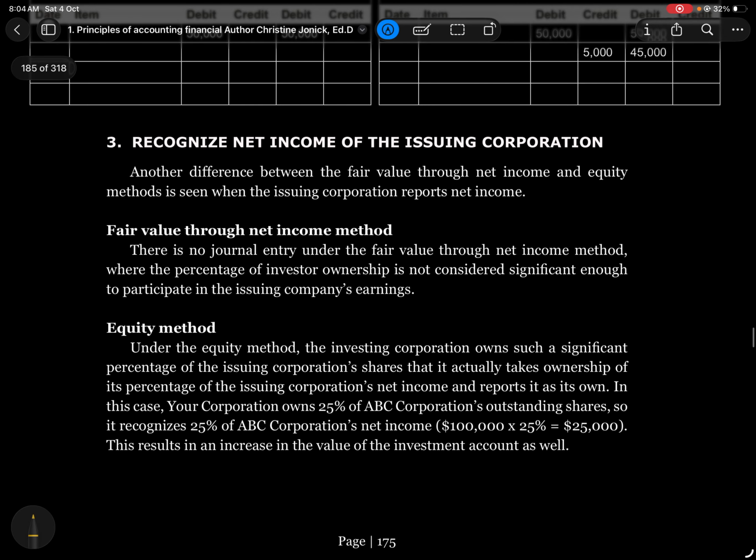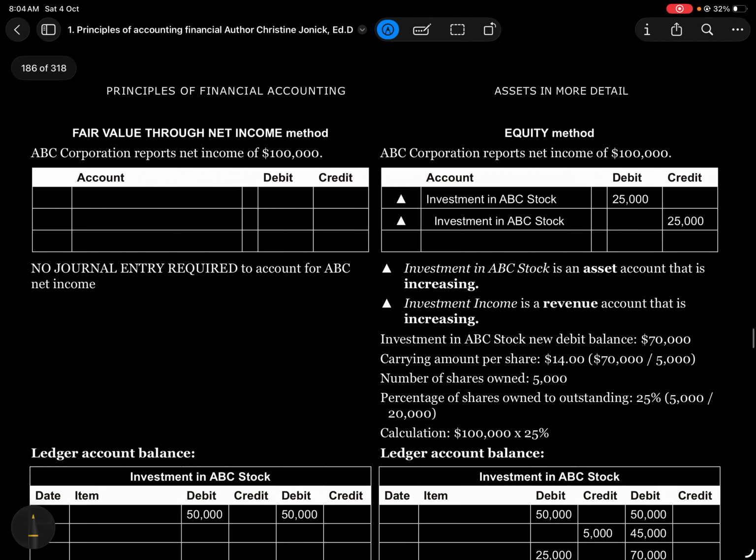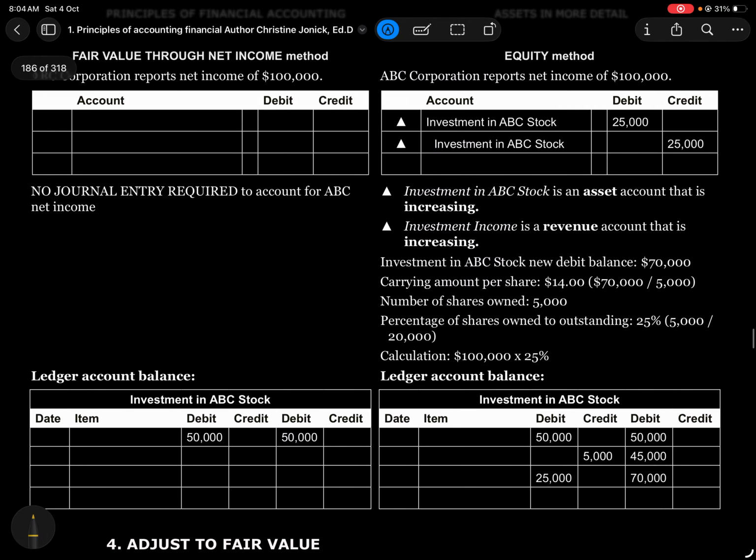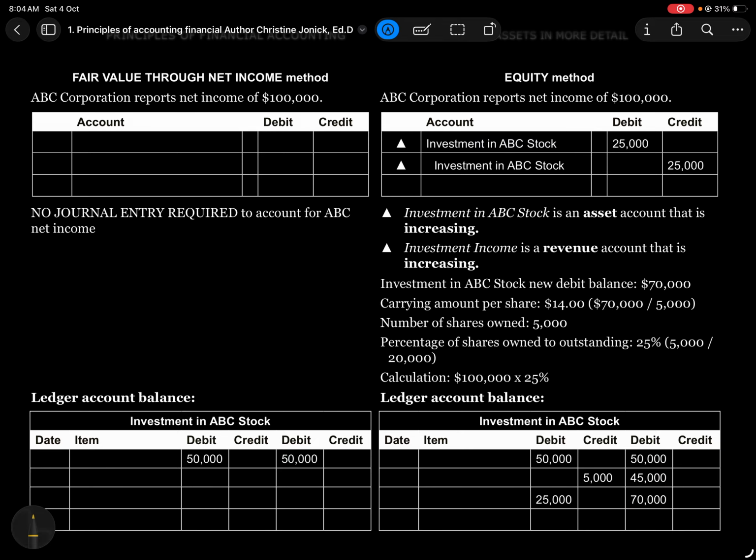So we need to recognize the income in both cases. Whenever another company reports any net income, we don't need to recognize it under the fair value method, but in the equity method, we do need to recognize it.